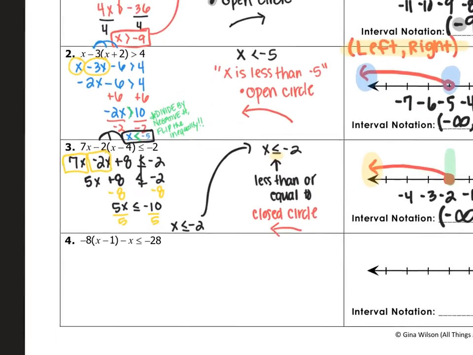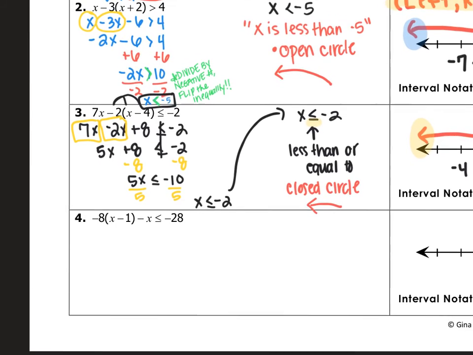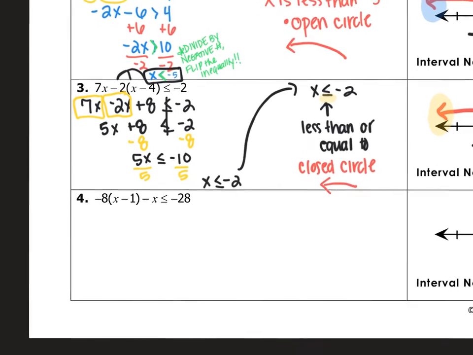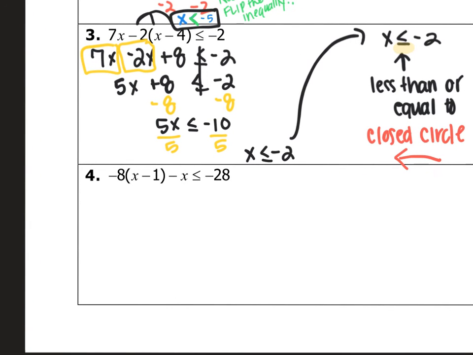All right, let's look at number 4. I see parentheses, so let's start with distributing. -8 times x is -8x. -8 times -1 is +8.